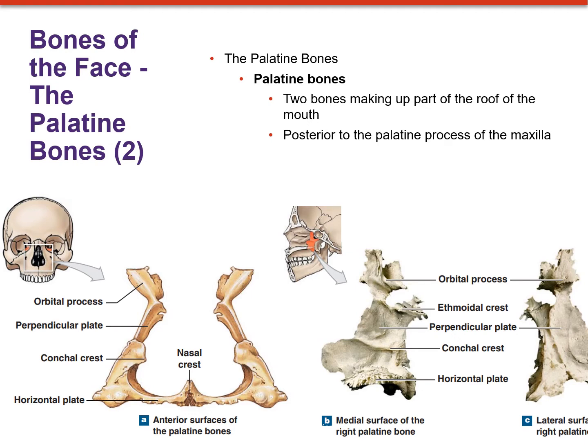The maxilla articulates with other facial bones except the mandible, okay. And we have those large maxillary sinuses in that medial view, and these are going to be the largest sinuses in the skull, but that's going to be on the maxillary bones, okay.